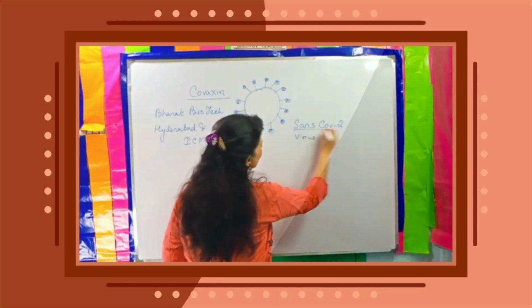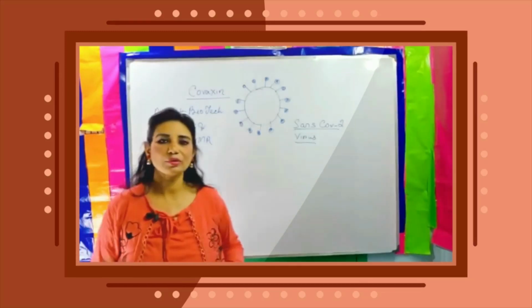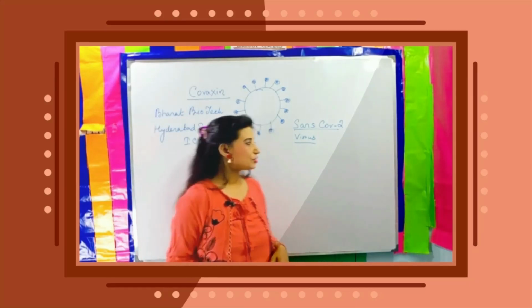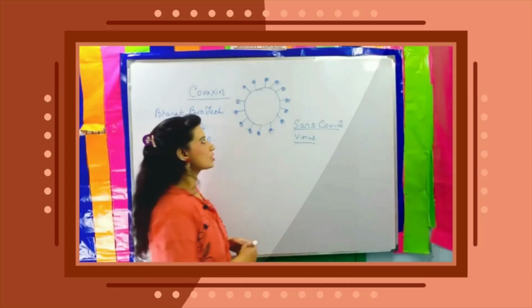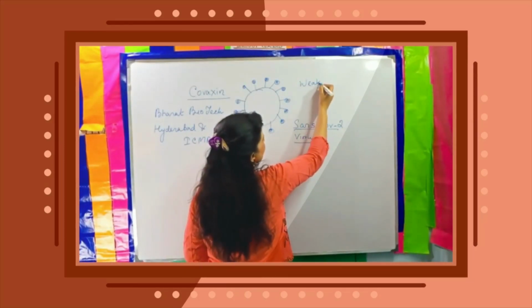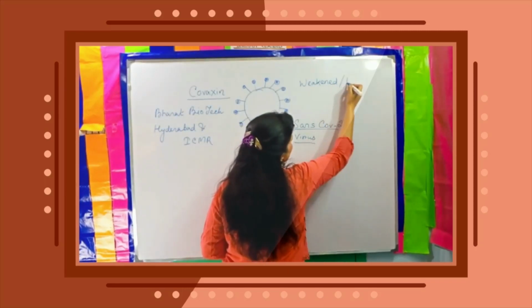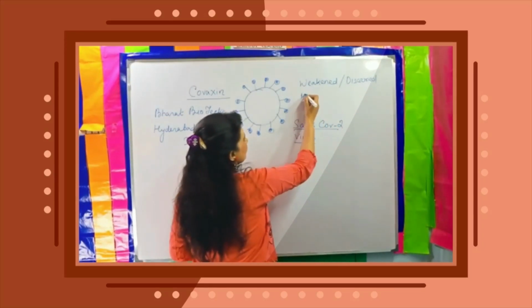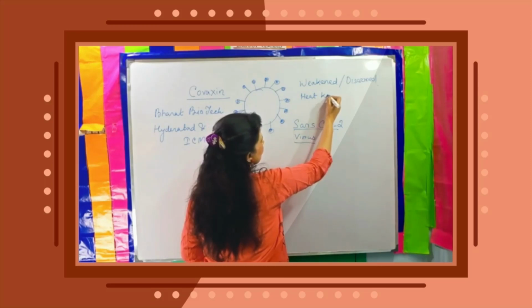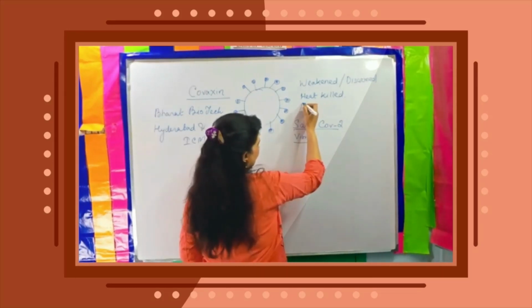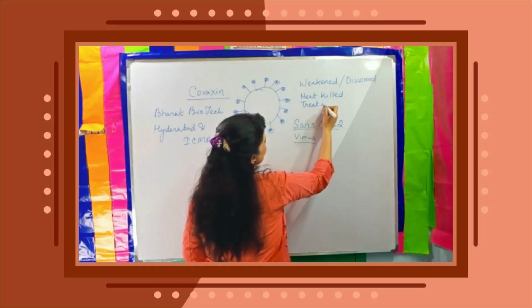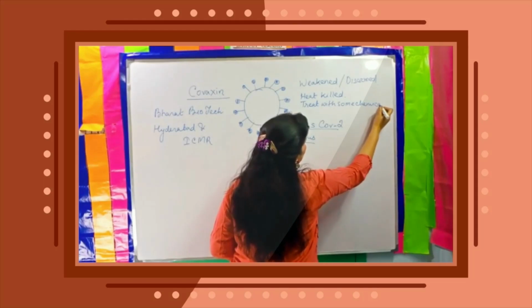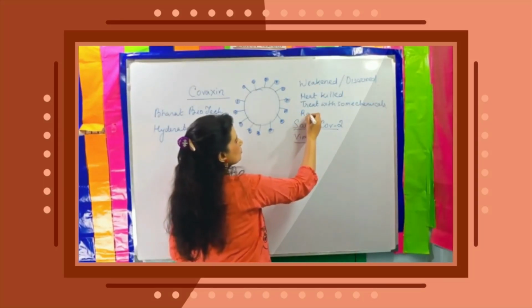Now you may think that if this virus is used in a vaccine, we are going to come under attack of COVID-19. No, it is not going to happen, because here the SARS-CoV-2 virus that is used is weakened. That means it is made weak or disarmed. How does that happen? Either you heat kill the virus, or you treat it with some chemicals or radiation.